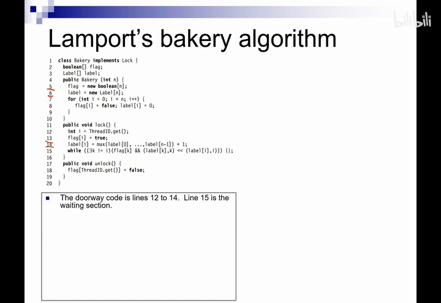If I see a bunch of other threads are already waiting in the doorway, so they've all got their tickets, it's no fair if I take a smaller ticket. So I should take a larger ticket. What I'm going to do is read everybody else's label, take the max of those values and then add 1. So I take a ticket that's larger than everybody else's ticket.